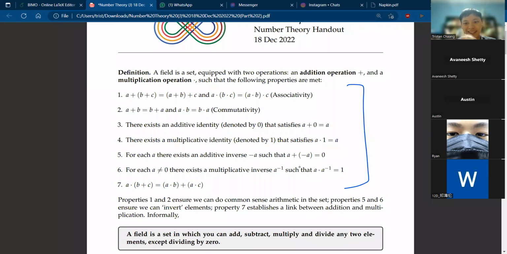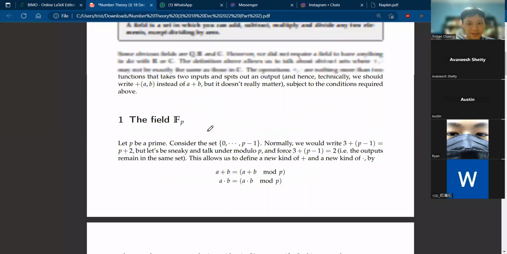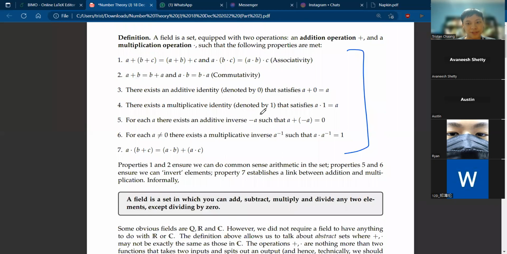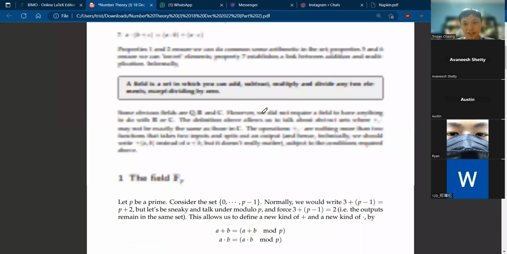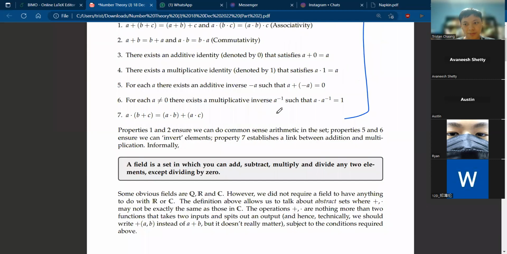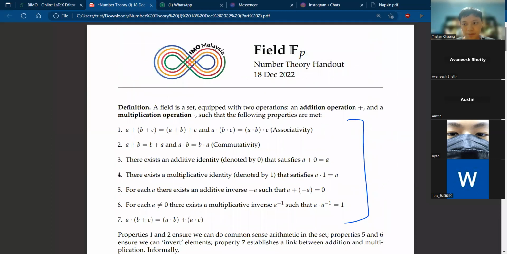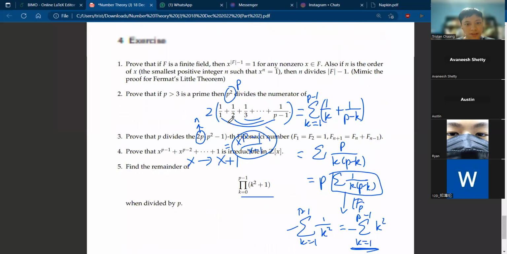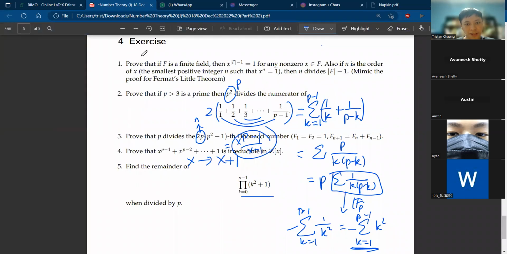You basically say these elements satisfy these properties. That's all. You don't say you can write it as a vector or a matrix or whatever. So yeah, you also have to get used to this slowly. It's not really an essential thing to know at Olympiad level, but if you know, it does simplify a lot of things. Like all of these problems are all Olympiad level, by the way.